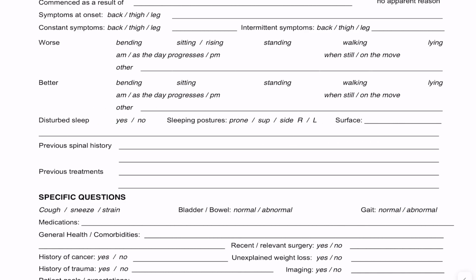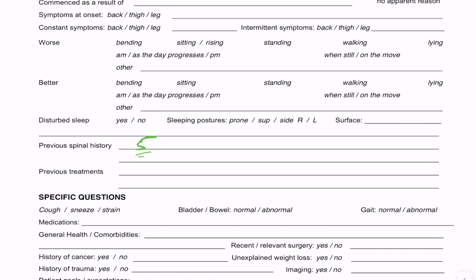And you could start immediately counseling them on maybe something you could do in therapy if it does look like it's mechanical. Previous spinal history, you're just looking at previous episodes. So if somebody said, oh, this has been going on for 3 weeks, but they've had 5 other episodes in the past, well, this is not an acute problem or a subacute problem. This is an acute or a subacute exacerbation of a chronic problem. So that would be somebody that, again, cluster things.